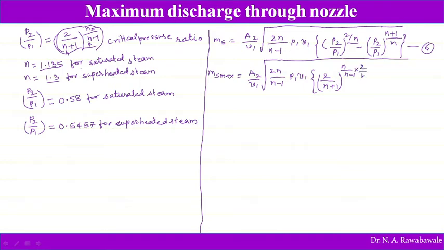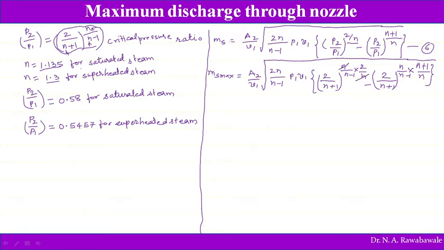Again, in place of P2 divided by P1 we substitute (2 divided by n plus 1) to the power of n divided by n minus 1, and the original power, n plus 1 divided by n, remains as it is. Then closing this bracket.